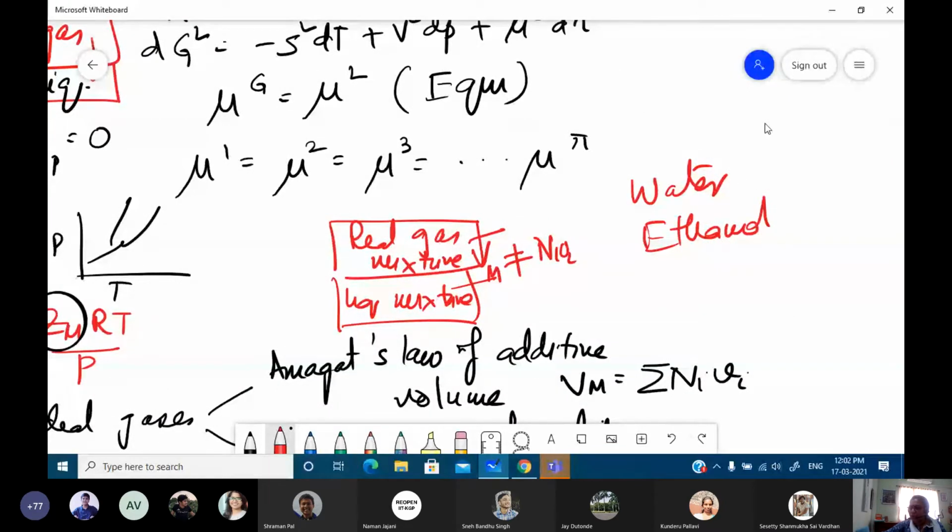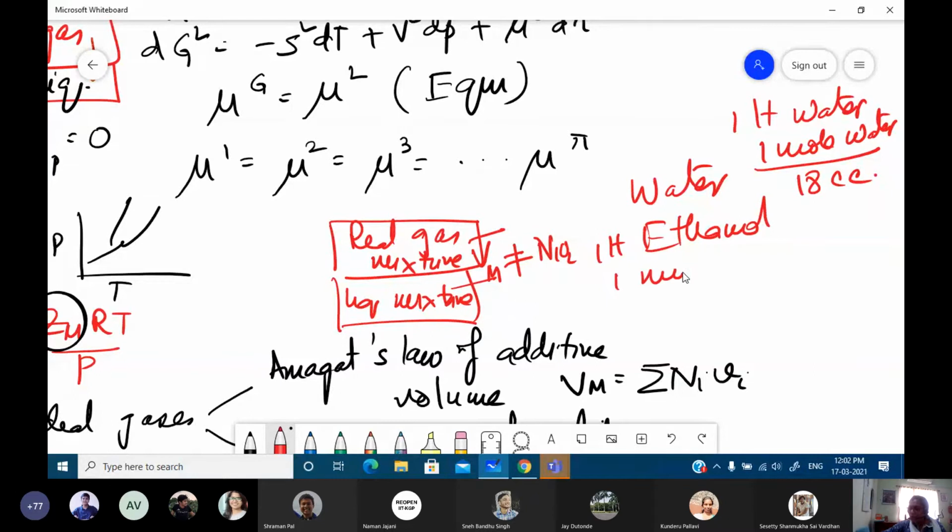So in 1 liter of water, if I add 1 mole of water, I find that the volume increases by 18 cc. If in 1 liter of ethanol, I add 1 mole of water, I find that the volume increases by say 14 cc. I don't remember, it's more or less that.